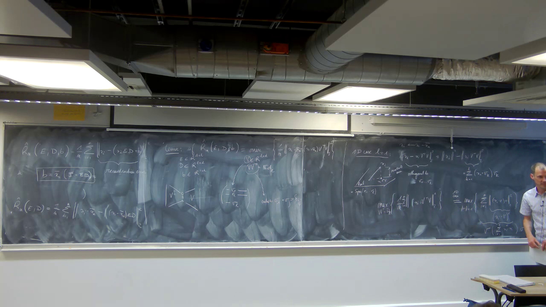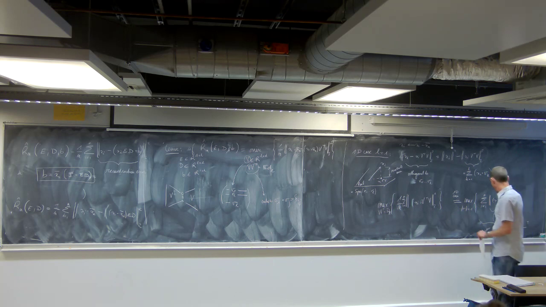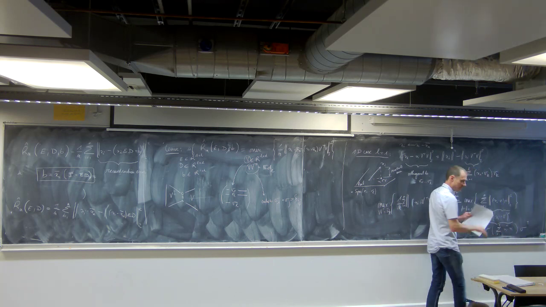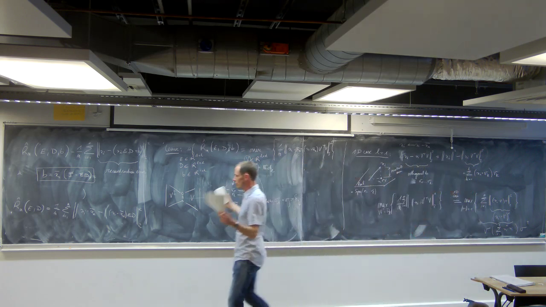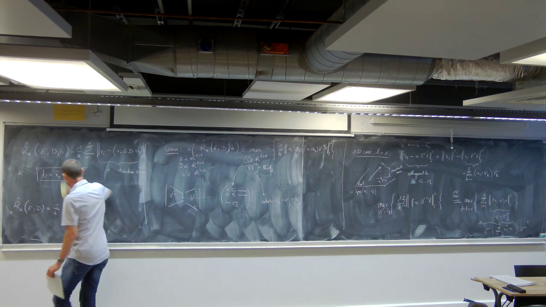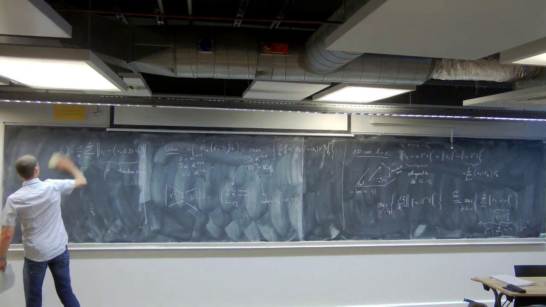Is that clear to everyone? I mean, if you don't see it, this matrix is symmetric, you diagonalize it, and then you put all your mass on the diagonal element which has the largest value.